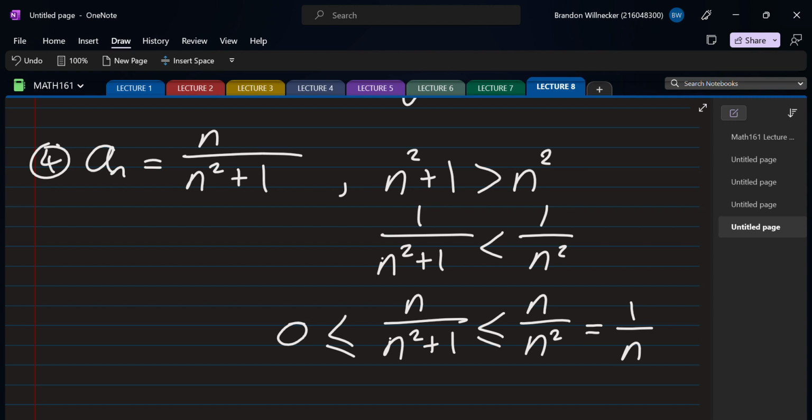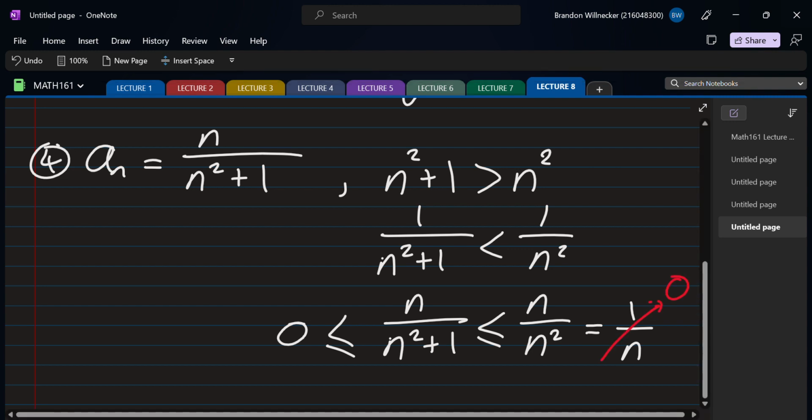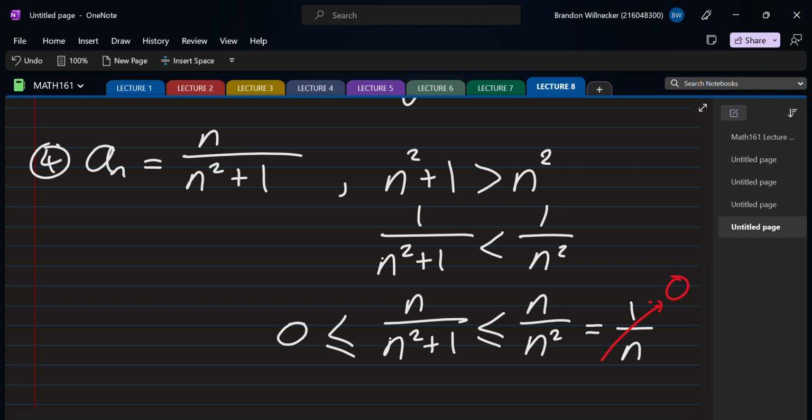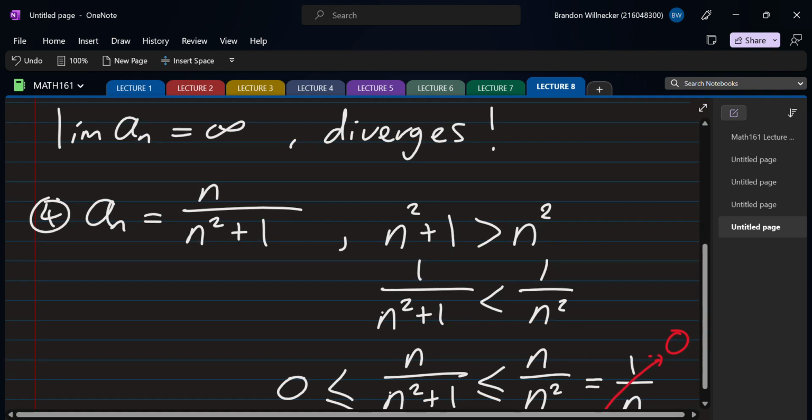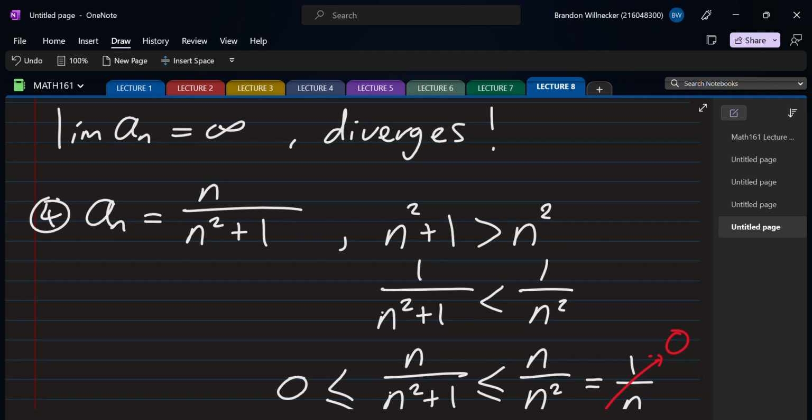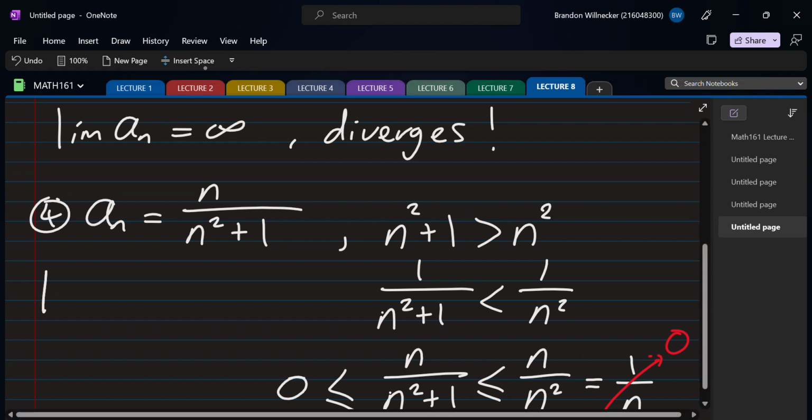But we know that 1 over n goes to 0 in the limit. On the right it goes to 0, on the left it goes to 0. So by the squeeze theorem, our sequence elements also go to 0. So we can write here that the limit of a_n is 0.